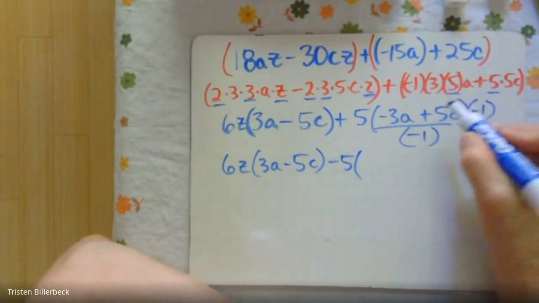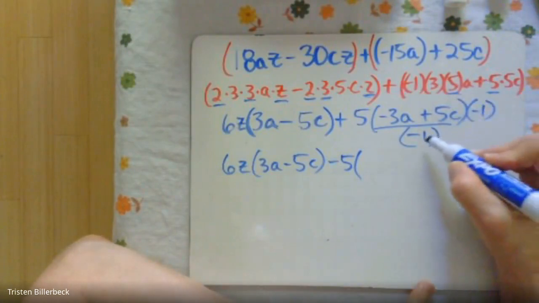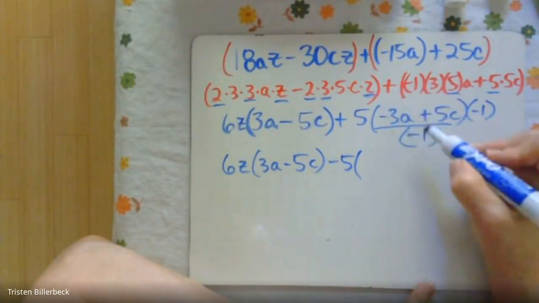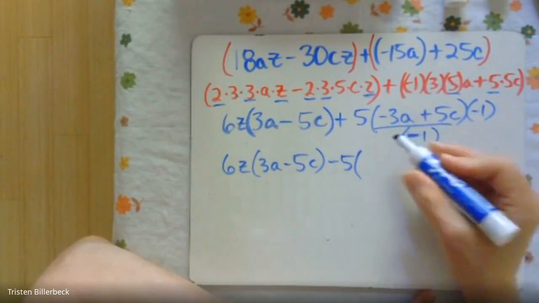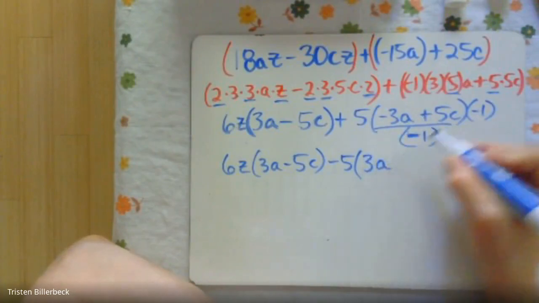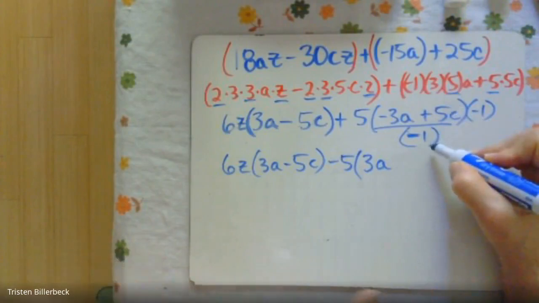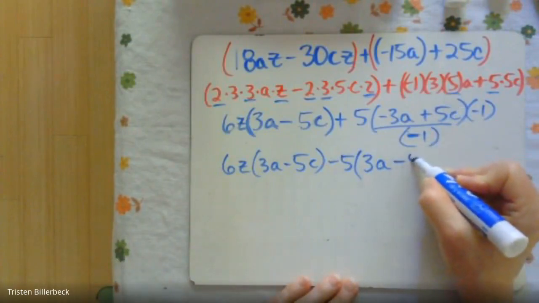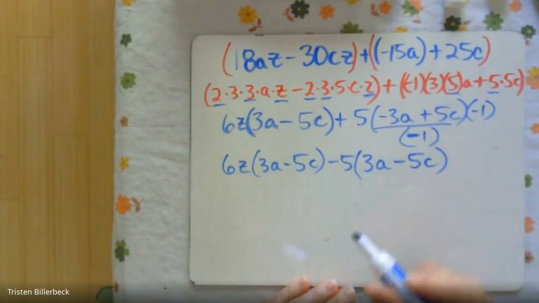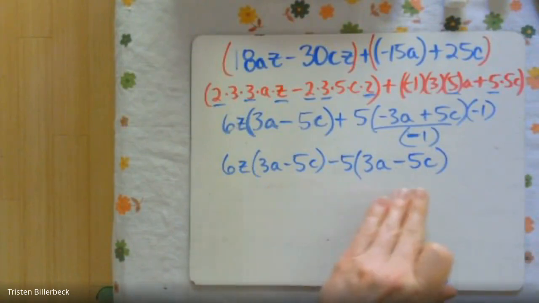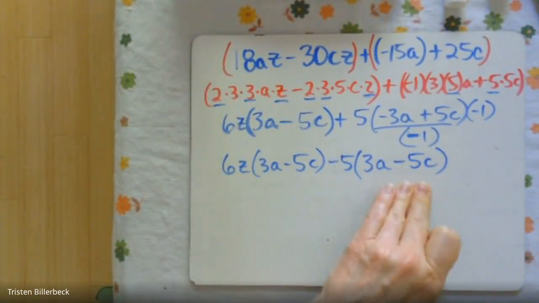All right, so then when I divide by negative 1, a negative divided by a negative is a positive 3a, and a positive divided by a negative is a negative 5c. Wow, look at that. This is the same as this now.